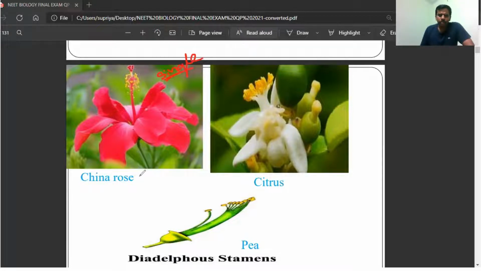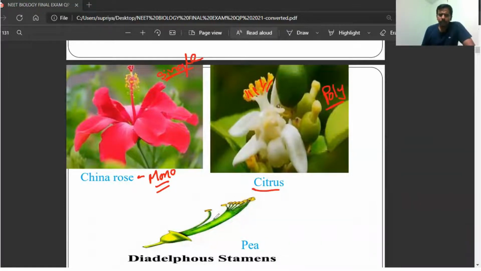It means in China rose, it is monodelphous. All stamens exist in the form of a single bundle. Now see the citrus. In a citrus, they are present in the form of many bundles. These are many different bundles. In citrus, the stamens are polydelphous.